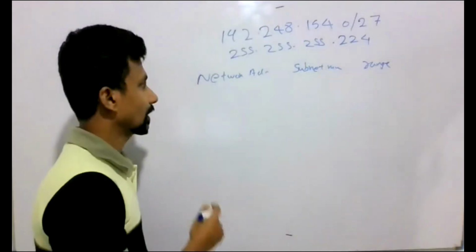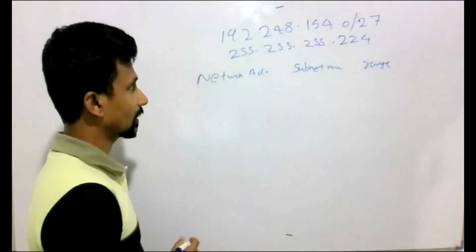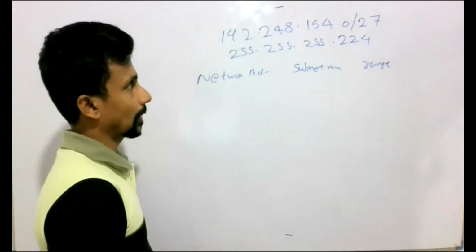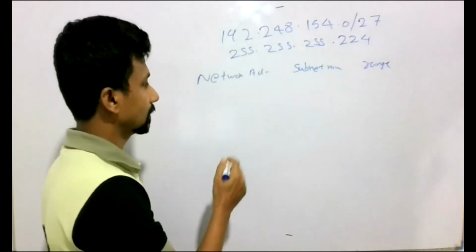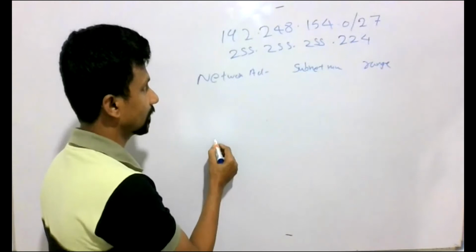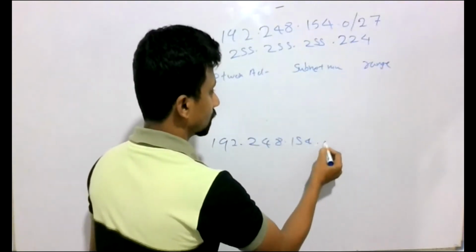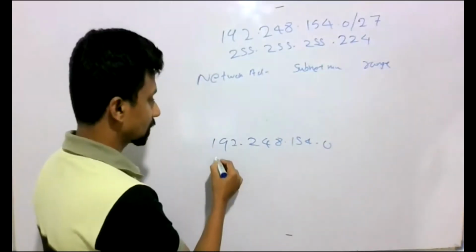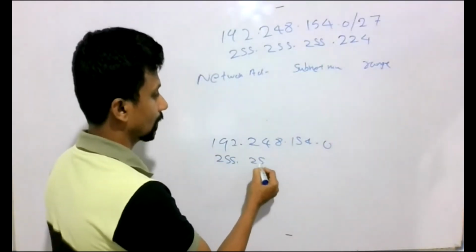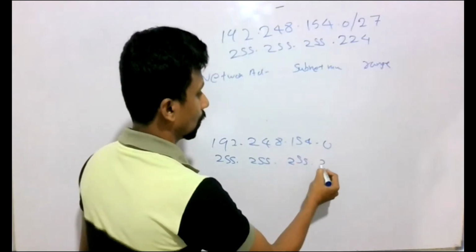Next, to find the first network address, we take the address 192.248.154.0 and my mask 255.255.255.224.